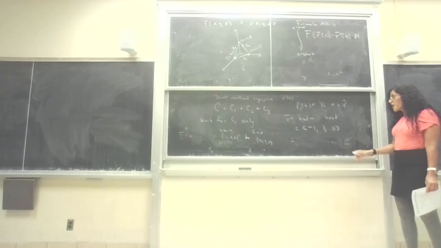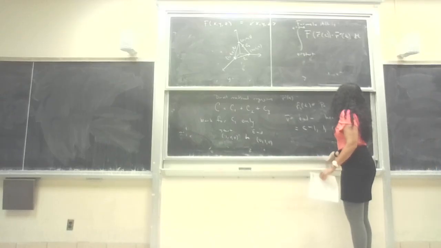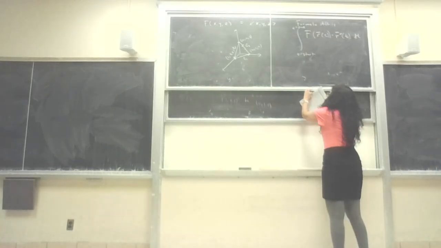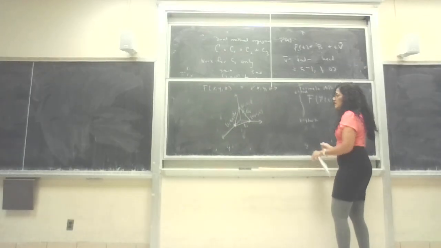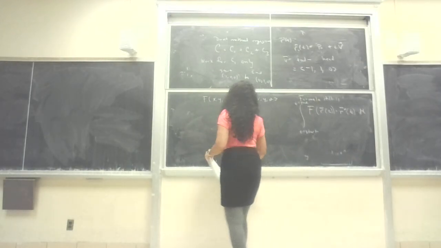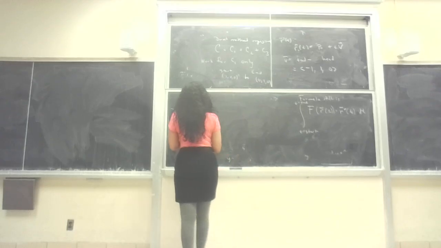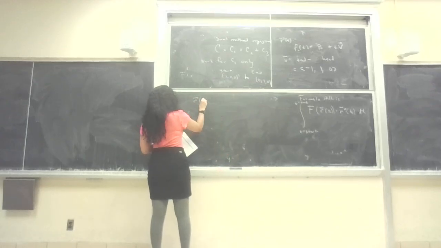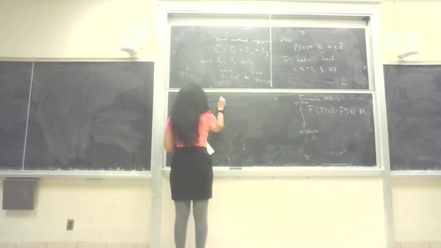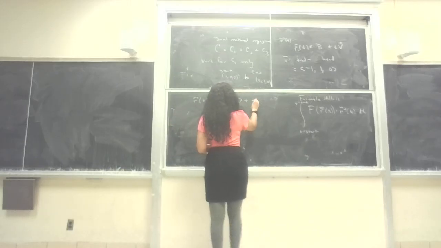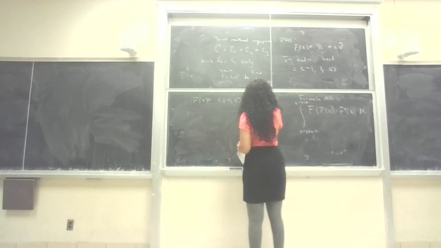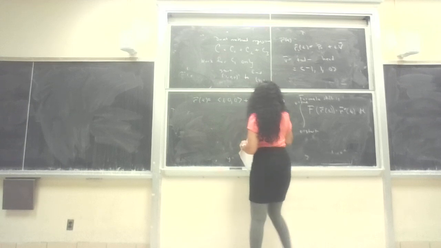And so I get from this, if I map it all out, my R of T looks like 1, 0, 0 plus T times negative 1, 1, 0.